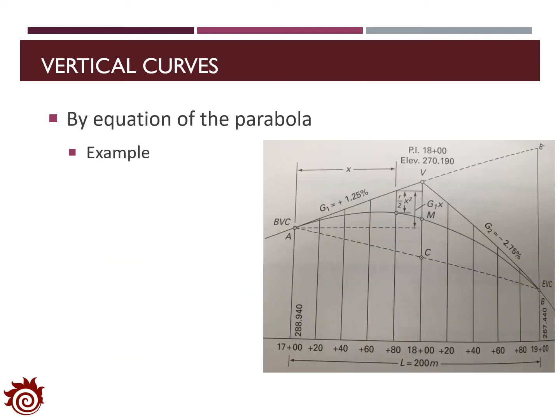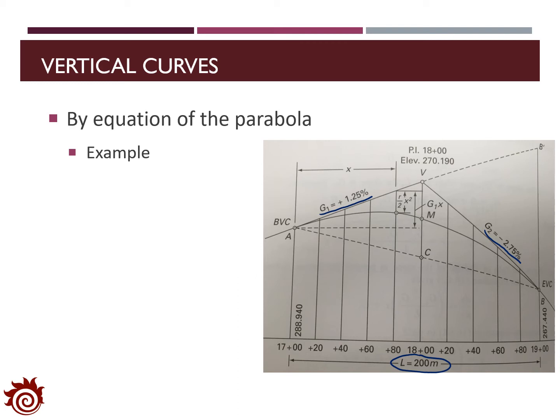Now let's check one example to see how we can use the equation of the parabola for the design of the vertical curve. Assuming that we have two straight segments with different slopes. G1 is 1.25%, G2 is minus 2.75%. And we know the distance from the start to the end point of the vertical curve as 200 meters.